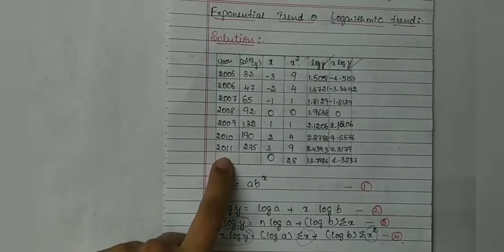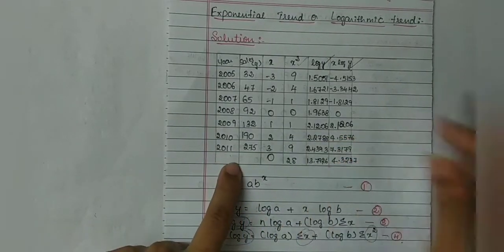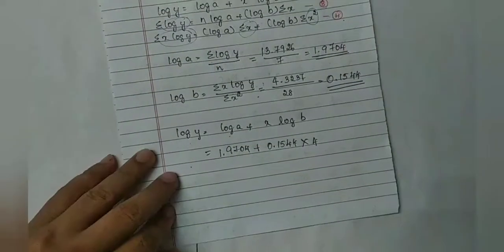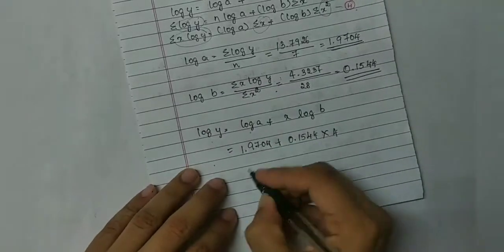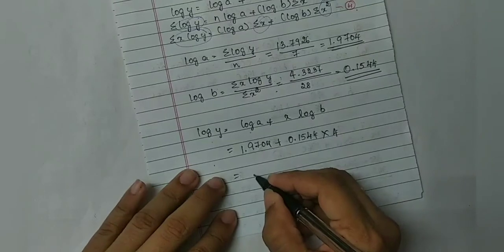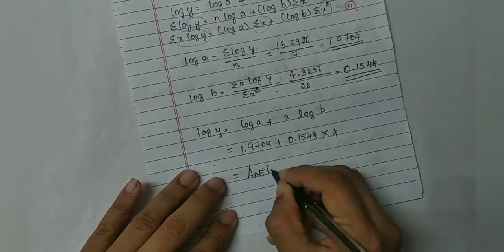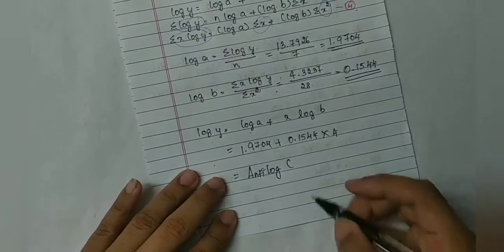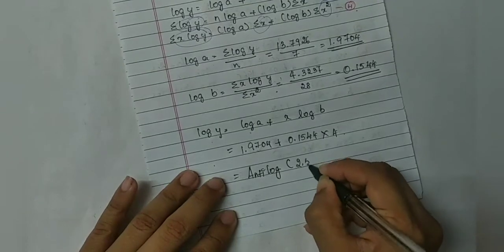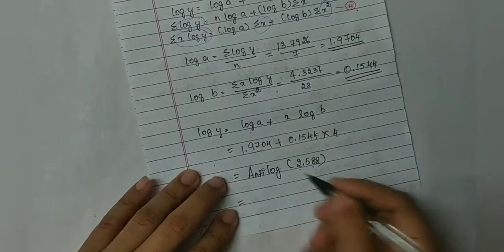X is nothing but, for 2011 x is 3, for 2012 it will be 4. So into 4. When you simplify, it will be 2.588. Okay, so we have to find out the antilog now.